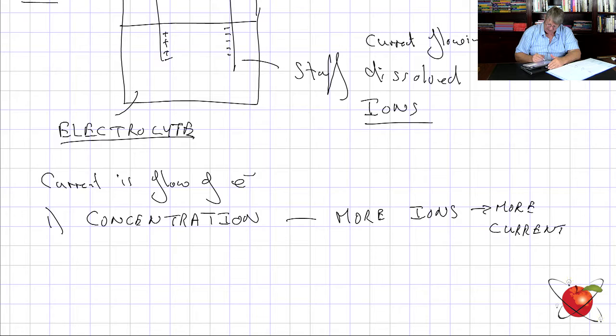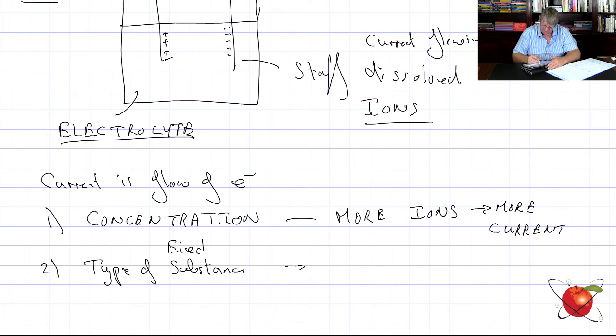Okay, then the second part is the type of substance. In other words, the type of electrolyte. Strong, weak, or non-electrolyte. A strong electrolyte is highly soluble.